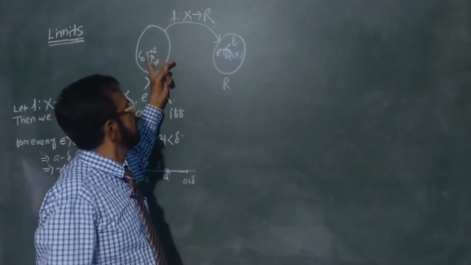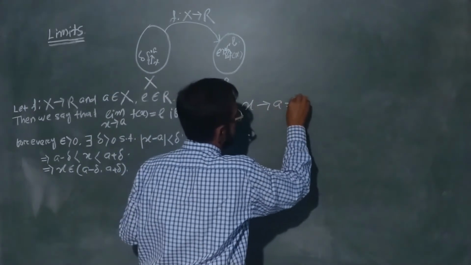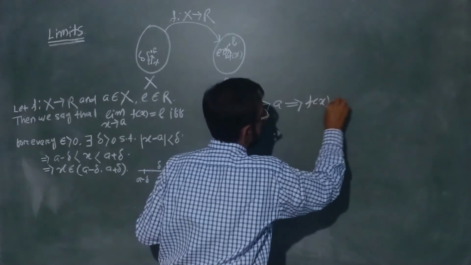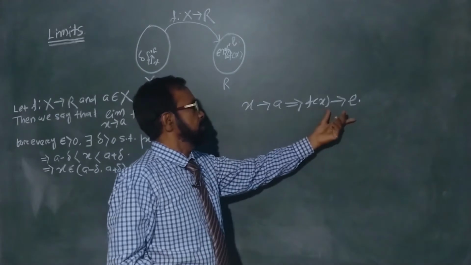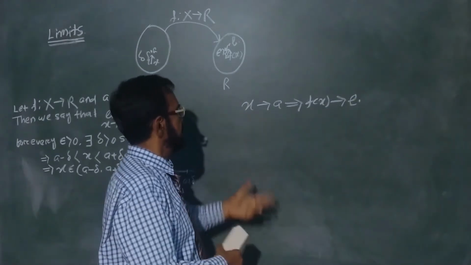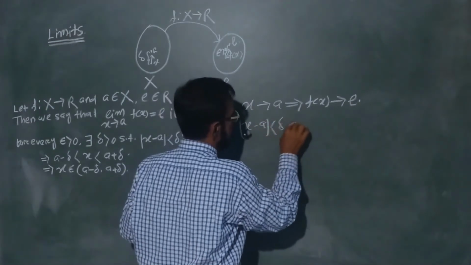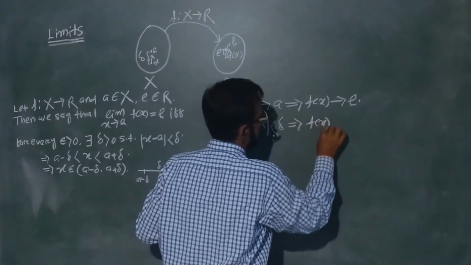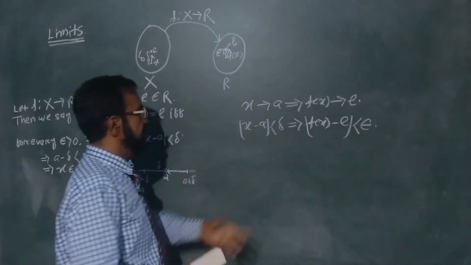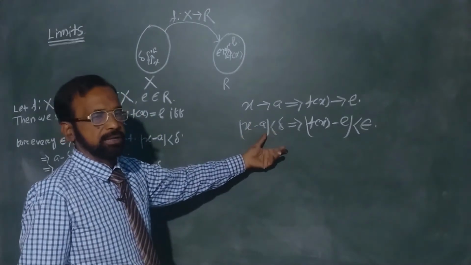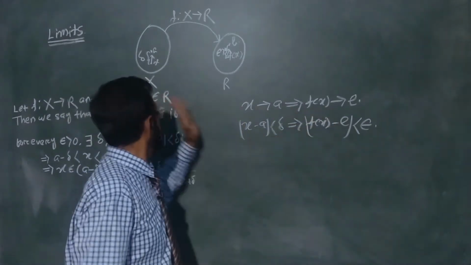So when we say x tends to a implies f(x) tends to L, the distance between x and a, |x minus a|, less than delta implies |f(x) minus L| is less than epsilon. When this happens, then we say that limit x tends to a, f(x) is equal to L. This is the definition.